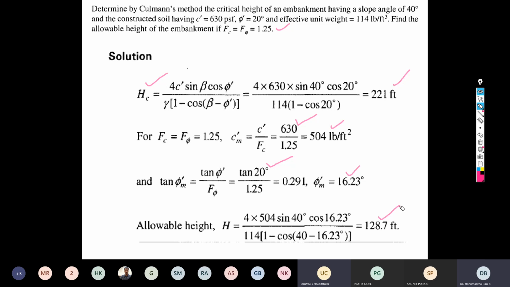We can say that allowable height is the height corresponding to the mobilized value, whereas critical height, or critical depth, by default belongs to a factor of safety of 1. So critical means above is safe, below is failing. Okay, sir.